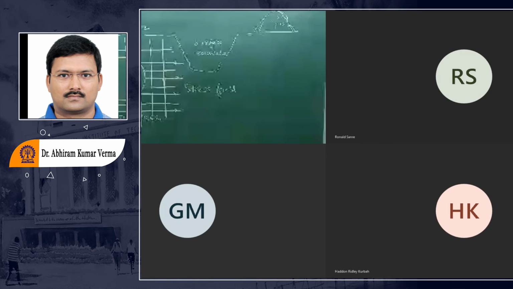Once this tunnel is developed, what will happen to this stress field? The stress field is going to change its path, follow this boundary, and again rejoin with the other end. It will still continue.